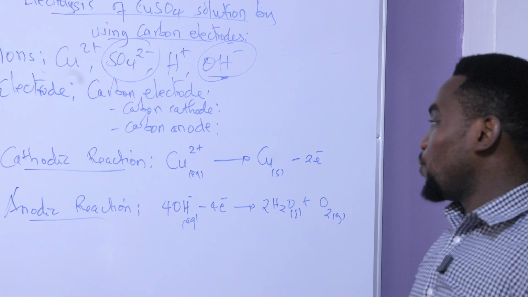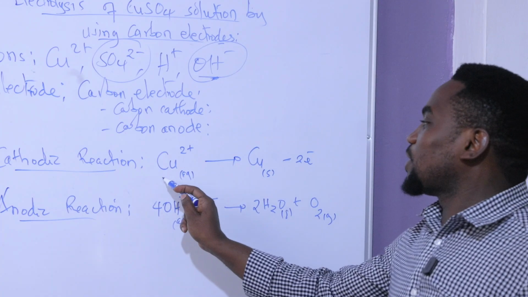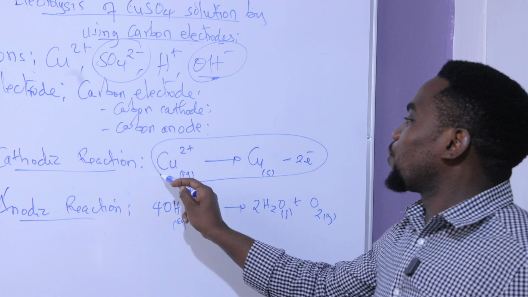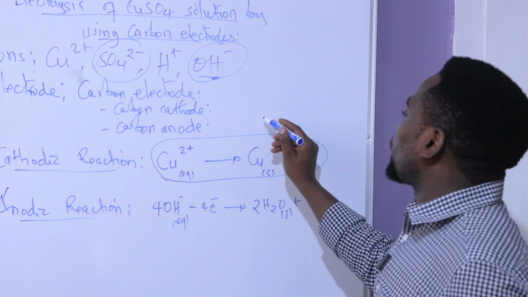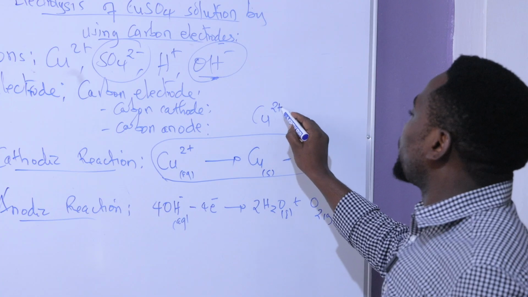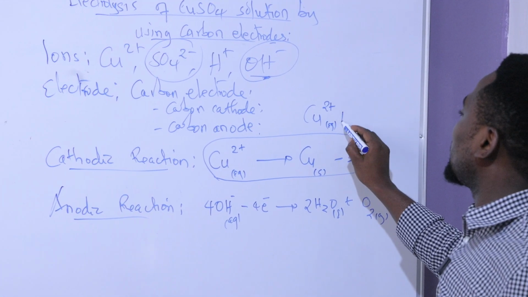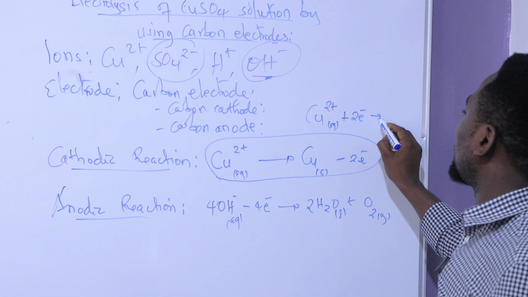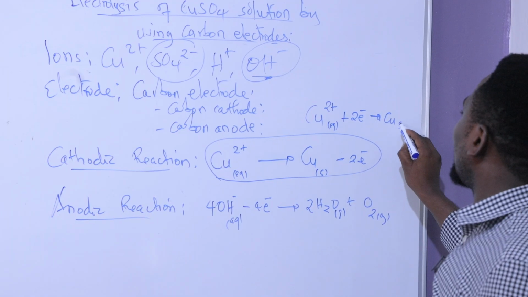I think you can just do it as it is. Let me maybe say something here. You can write this equation as Cu2+ aqueous, plus 2 electrons, then we obtain copper that is solid.